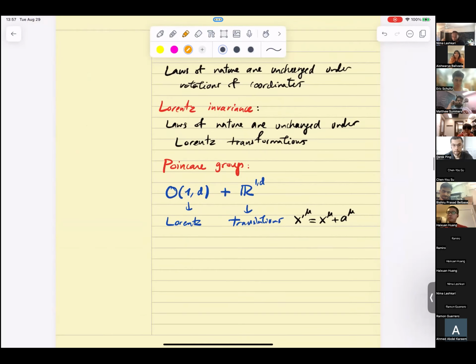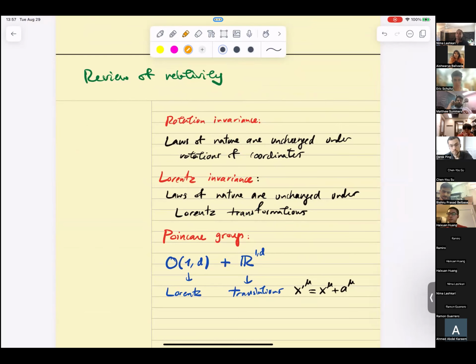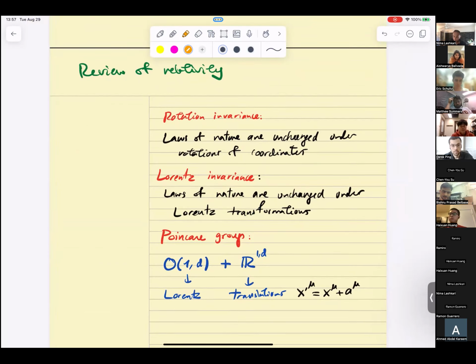All right, and finally, the last bit I'll say to review relativity is that in classical physics, we have rotation invariance, which says that the laws of physics are unchanged under rotation of coordinates. If I'm building a bridge and I'm using F equals ma, it's the same as the time of day changes.